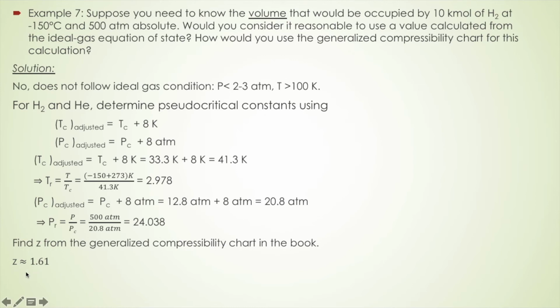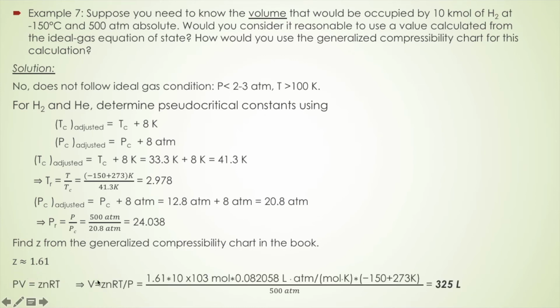Now that we have calculated T sub R and P sub R and found the Z value, we can use that to calculate the volume in the compressibility equation of state. Just simply substitute all the values you found into this equation.